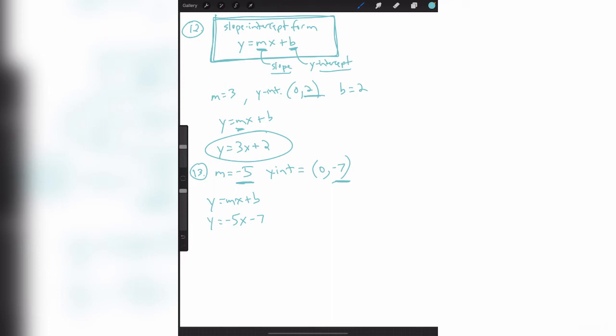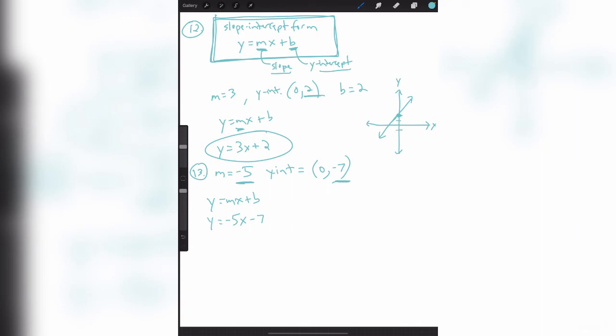The reason I know that, let's go back to number 12, for example, right? If I were to graph on a coordinate plane 0, 2, notice that if this is my y-axis and this is my x-axis, this point goes through the y-axis. So let's say a line goes through, it looks like this, right? My y-intercept, where the line intercepts the y-axis, is at 0, 2.